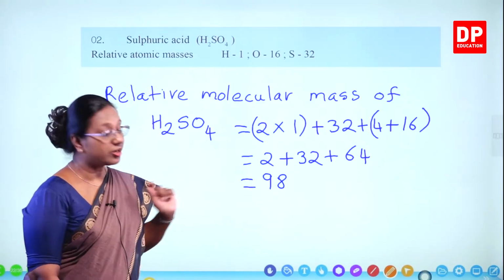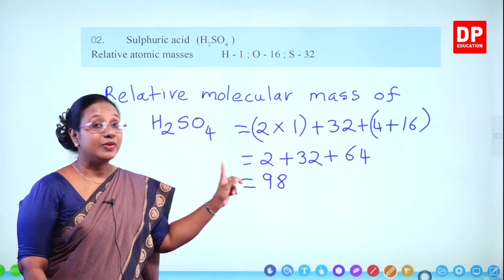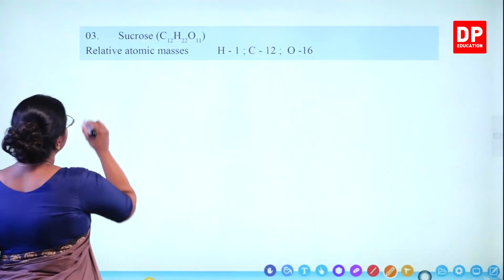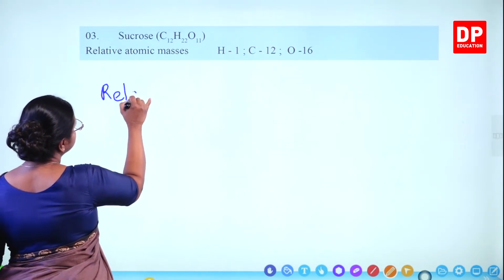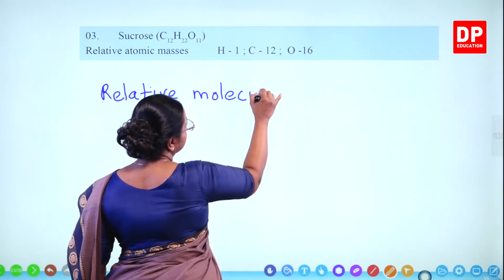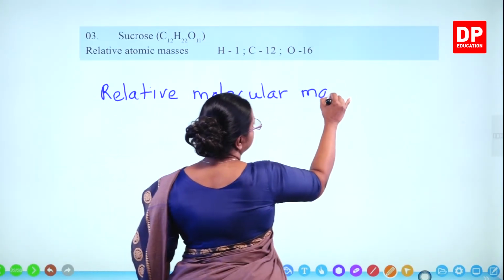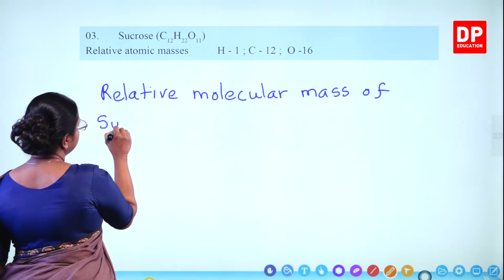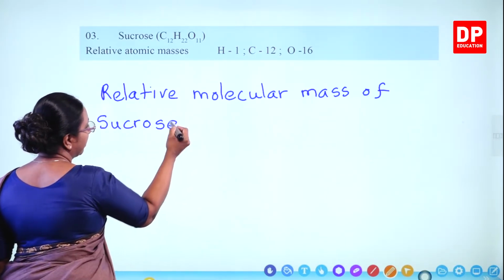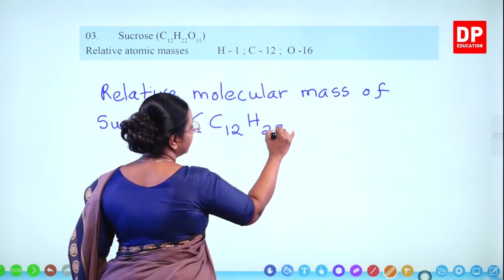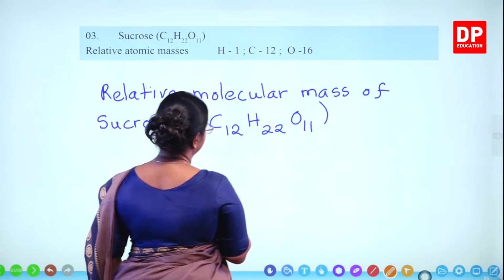I am sure you got the value correctly. So with that, I will move on to the next one. Sucrose, a disaccharide. You are familiar with that. So the relative molecular mass of sucrose, you can write the chemical formula C12H22O11.